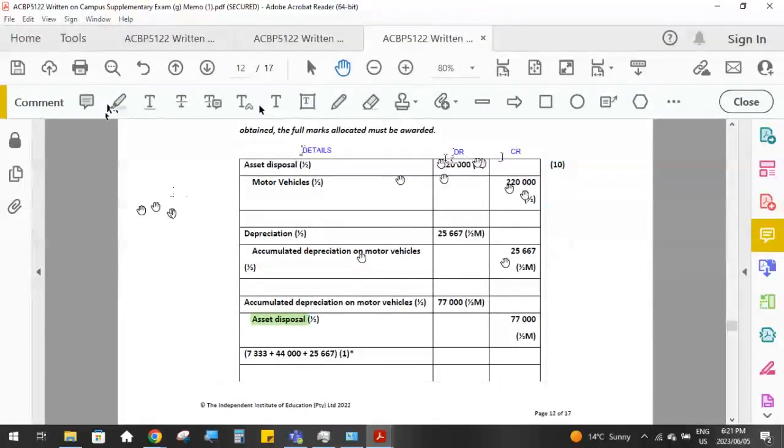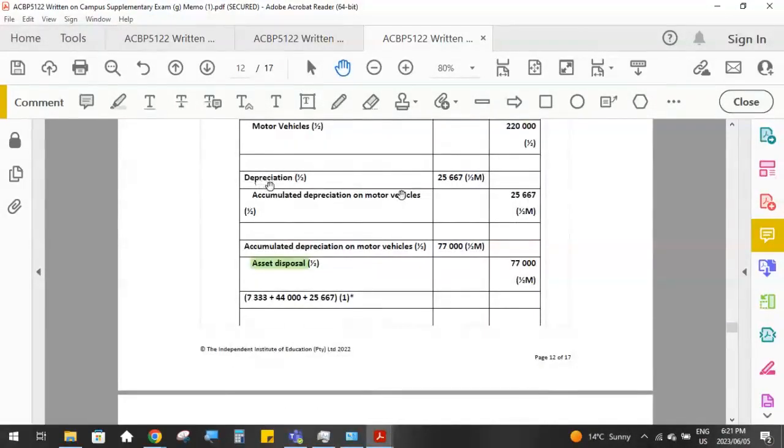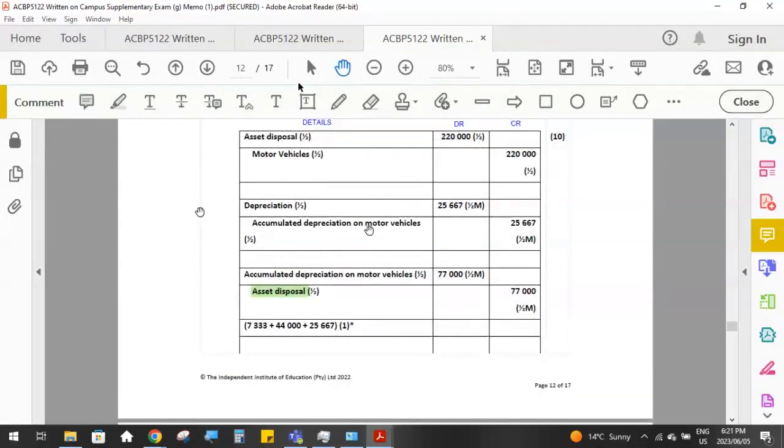Then we are going to record this current year's depreciation expense. So that is this current year's depreciation expense, the 7 months of this year. We would have debited depreciation and credited accumulated depreciation with the expense. And you have to do that journal entry first to work out all the accumulated depreciation up until the date that you've sold it.